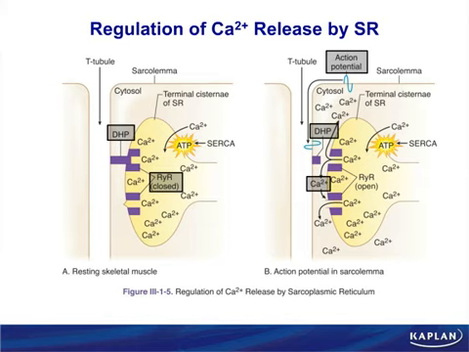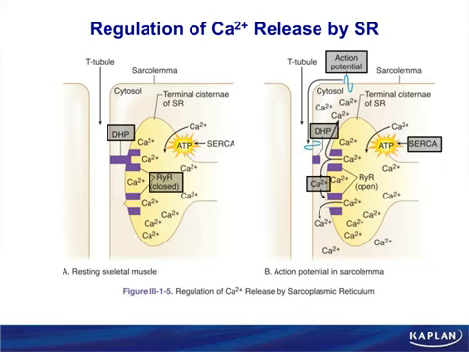Well, relaxation, therefore, is mediated by pumping calcium back into the SR, and that is mediated by a calcium ATPase that we refer to as SERCA. So here's our regulation of cytosolic calcium. On the left is the resting state, low cytosolic calcium. DHP is a cork in our champagne bottle. So calcium or champagne can't come out.